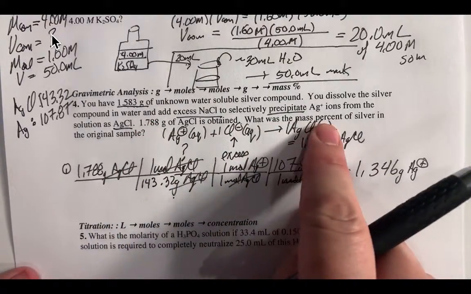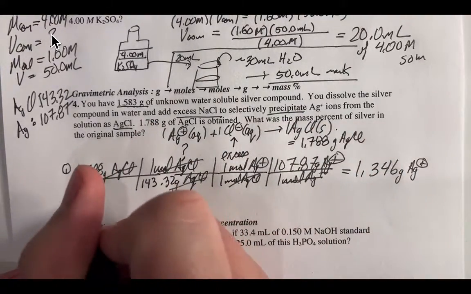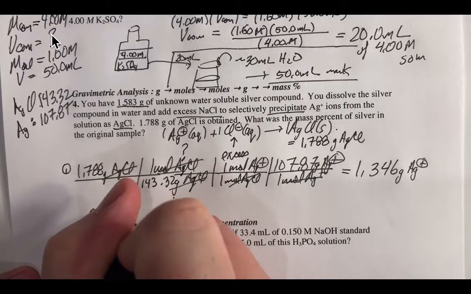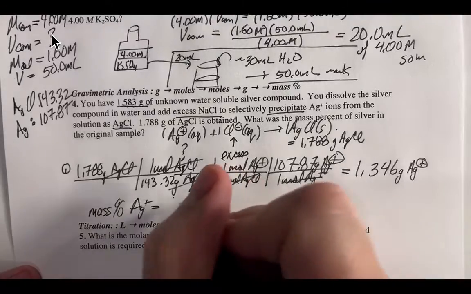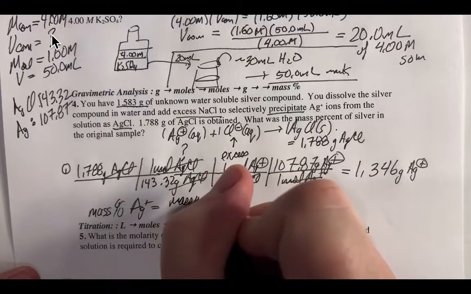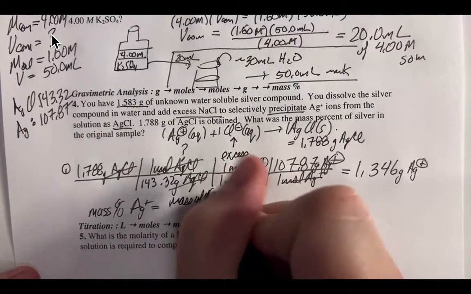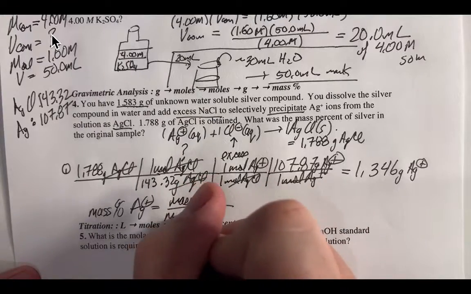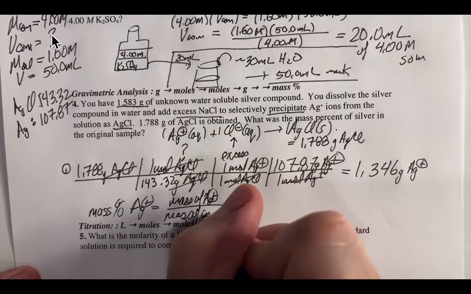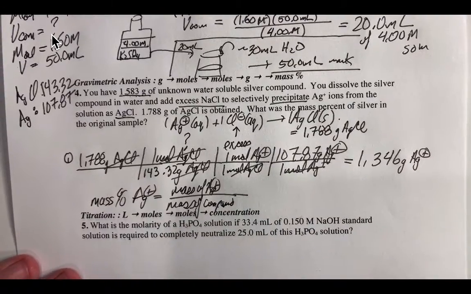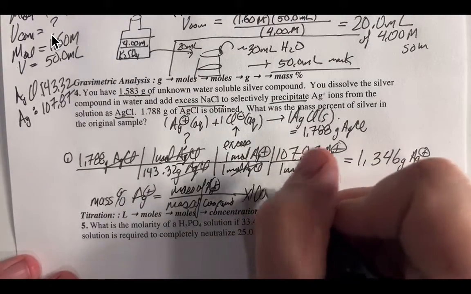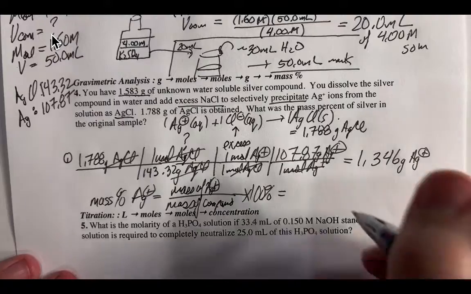Finally, the problem asks, what's the mass percent of silver? So mass percent silver equals the mass of silver over the mass of the whole compound times 100%.